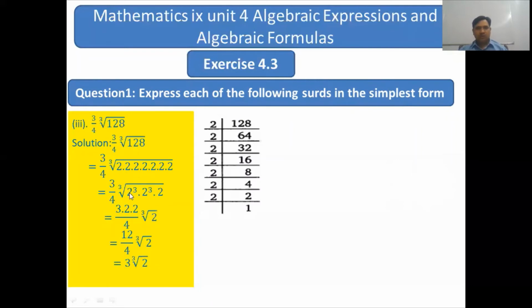So we can take 2 outside, 3 cancels out with this 1 by 3. So we can take outside from this cube root. So we can write it as 3 multiplied with 2 multiplied with 2, and the whole divided by 4. So 3 4s are 12 and 4 3s are 12. So this is 3 cube root of 2.